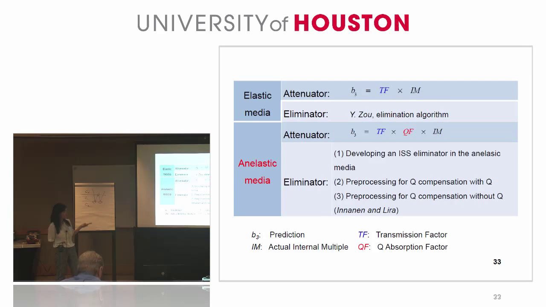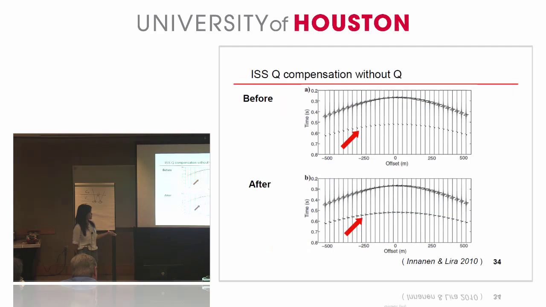And to do the Q compensation, we also have different choices. First, we can do Q compensation with Q if you have the Q information. And the second option is we can do Q compensation without Q. Inan and Lira were working on this subject within our group, and here I'd like to show you one of their results.